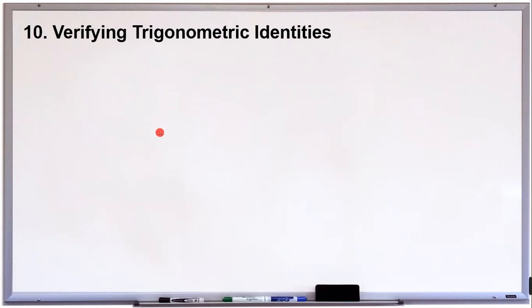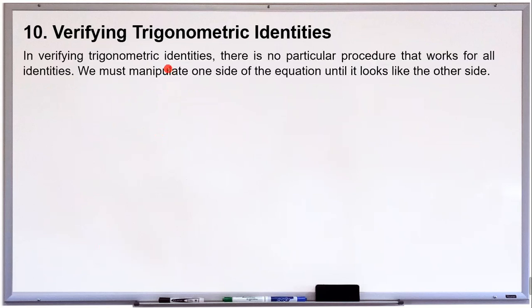Now, let's proceed to the discussion on verifying trigonometric identities. In verifying trigonometric identities, there is no particular procedure that works for all identities. So we must manipulate one side of the equation until it looks like the other side.